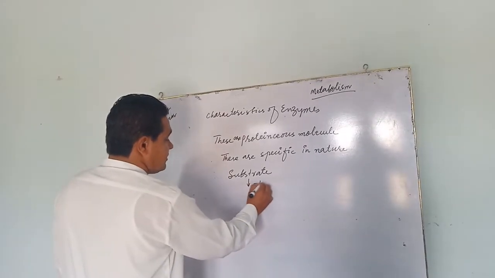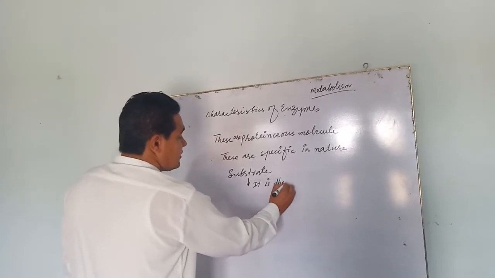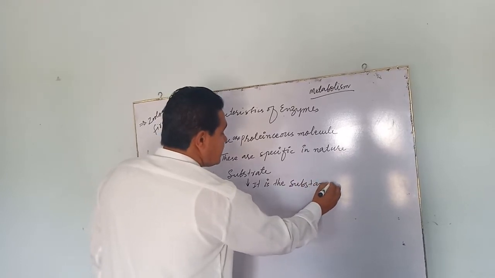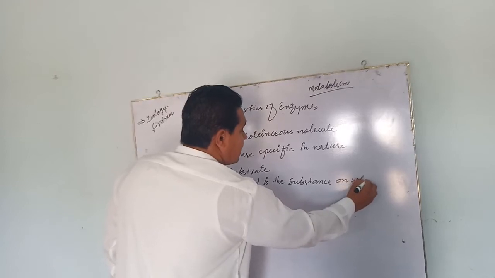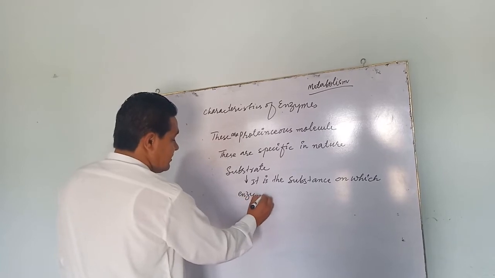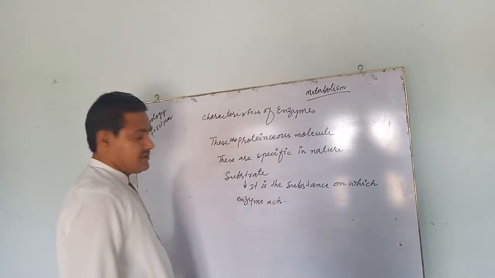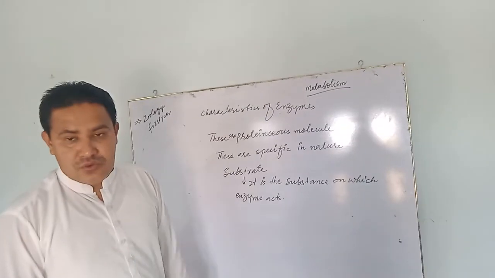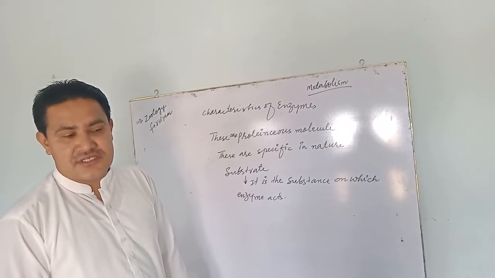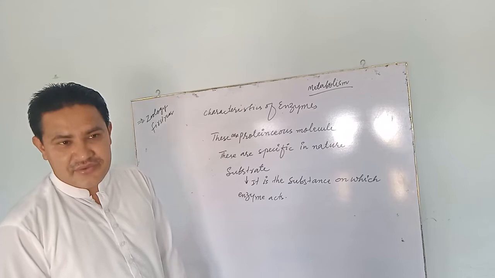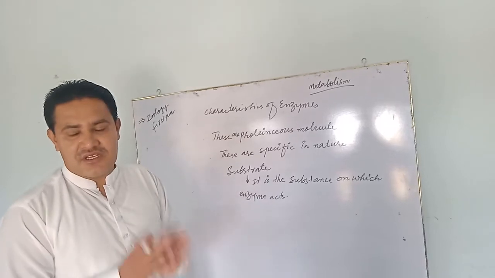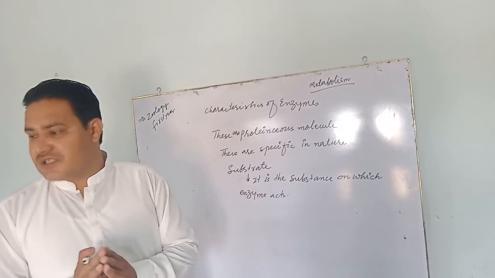It is the substance on which enzyme acts. For example, glucose, carbohydrates, proteins and lipids are substances on which enzymes work. There is a specific enzyme for a specific substrate.